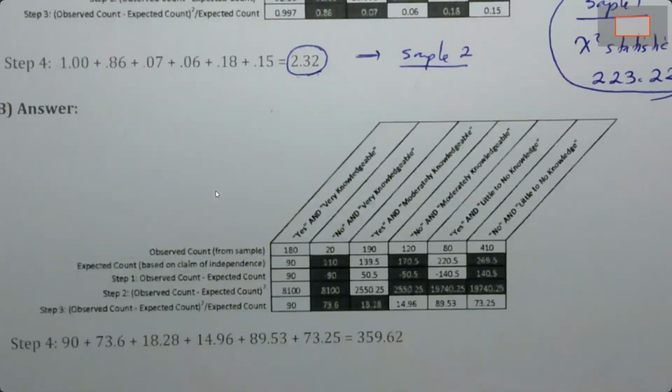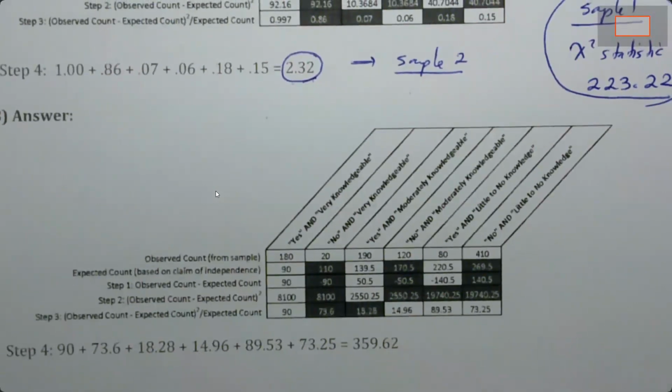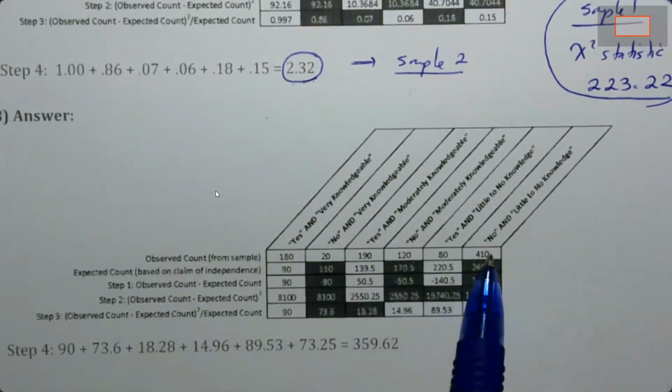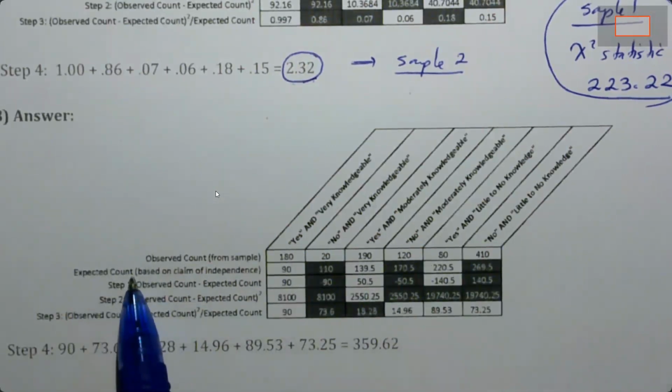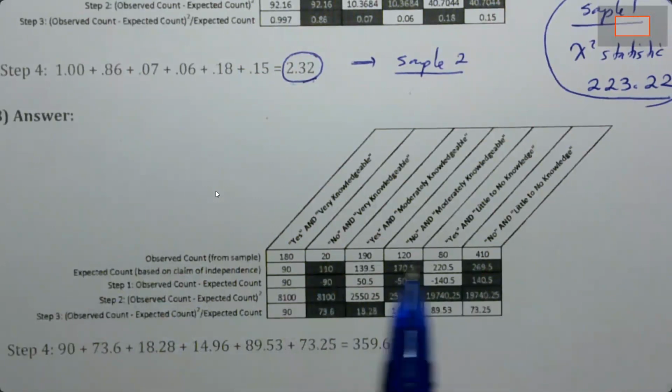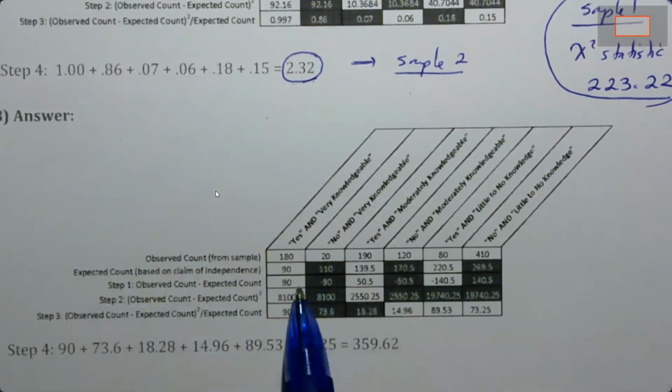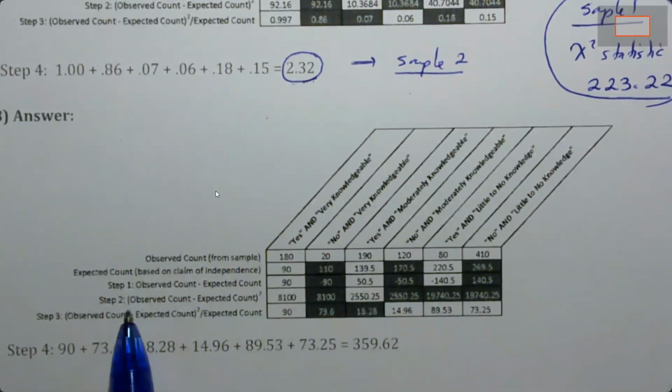Let's take a look at its chi-square. We have the observed count. We calculate the expected count. Expected count subtracted from observed count, and that number raised to the second power, and we divide that by expected count to find the final numbers.